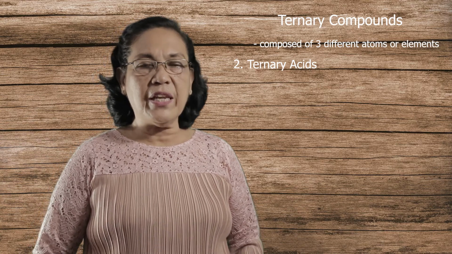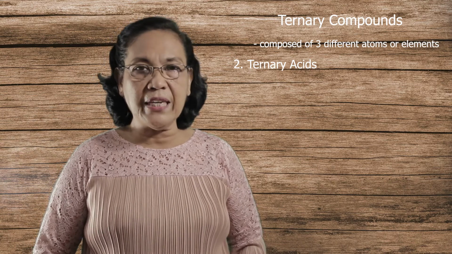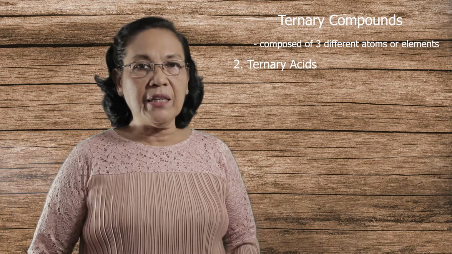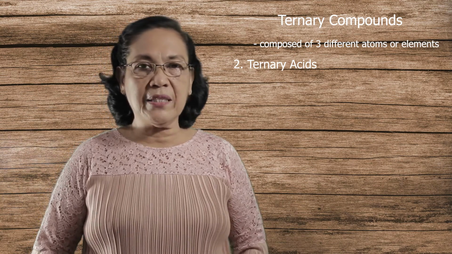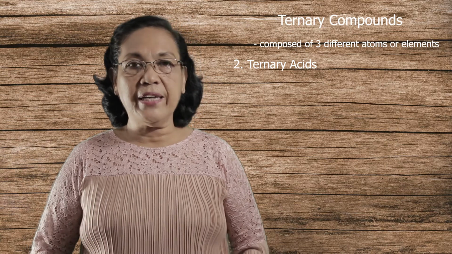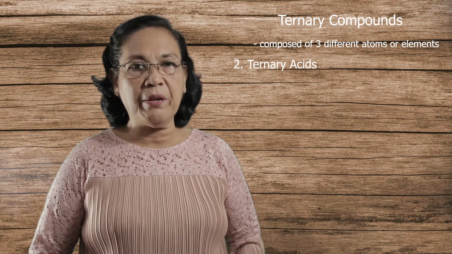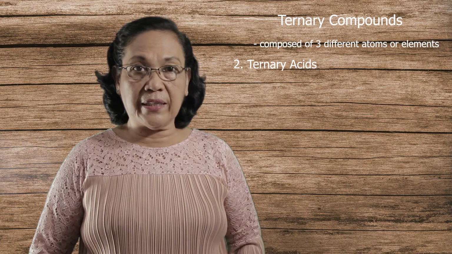But if the oxidation number of the central atom is between 5 and 6, there is no prefix to be used, but still there is a suffix, and this time it is IC, or it ends in IC. So the name of the ternary acid will be the stem name ending in IC.